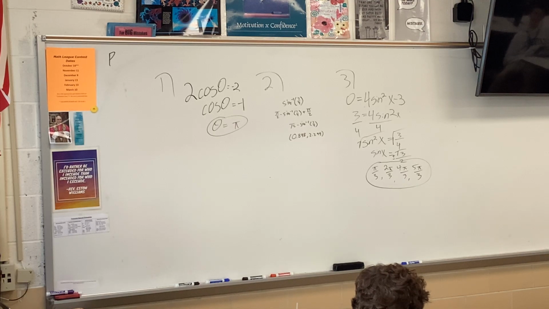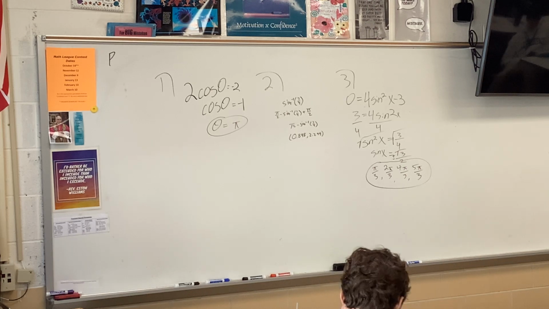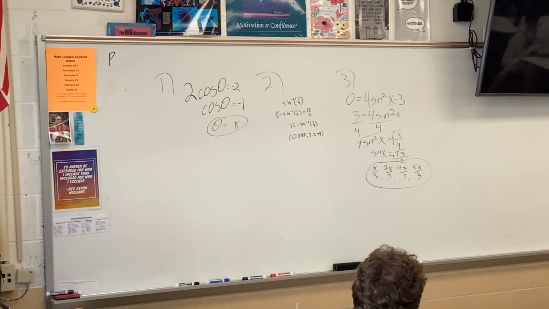So he typed into his calculator, second sine, 0.75 or 3/4, and up came 0.848. And then he remembered that there are 2 places where the sine is a positive number, and the other one would be a 0.848 angle in quadrant 2, which would be pi minus 0.848.